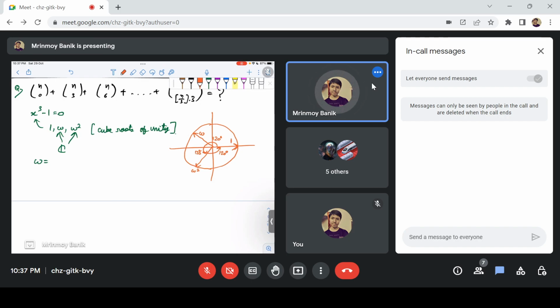Using De Moivre's theorem, you will be able to see omega equals cos theta plus iota sine theta. Theta here is the radian measure of 120 degrees, so it's 2 pi by 3. So omega is cos 2 pi by 3 plus iota sine 2 pi by 3.